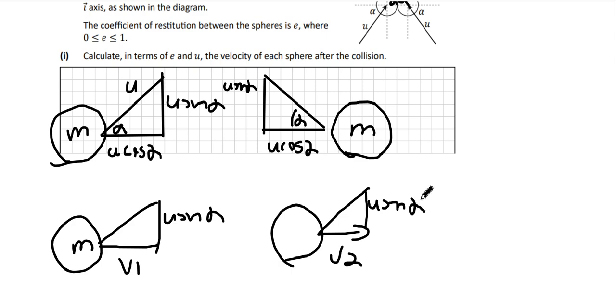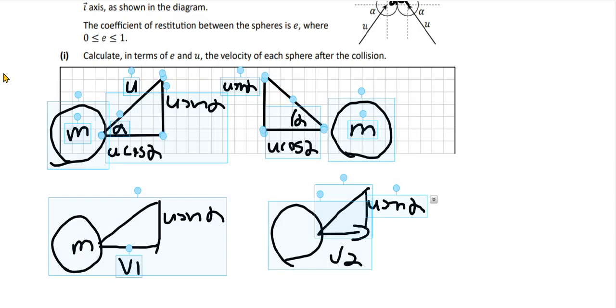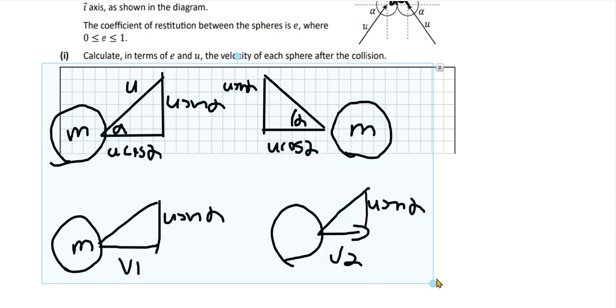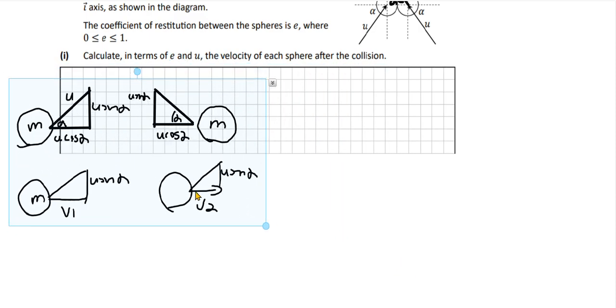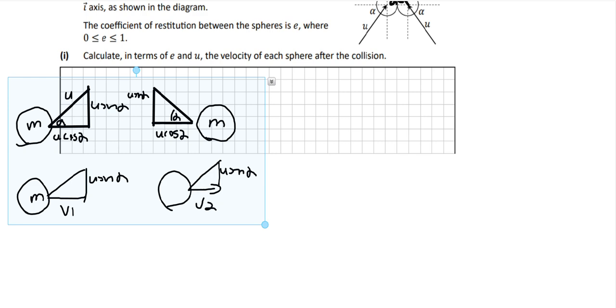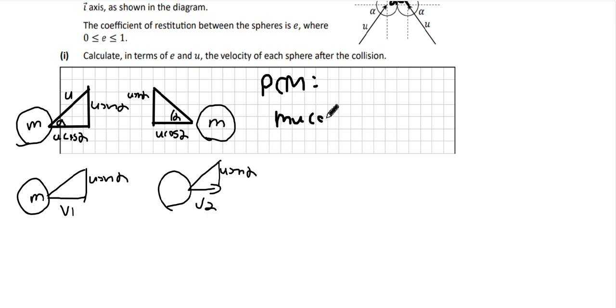Now I'm at the part where I can probably do PCM and NEL and get some points on the board. Okay, let's do PCM, principle of conservation of momentum. m1u1, so it's mu cos alpha plus, oh, not plus, it's in the opposite direction, isn't it?